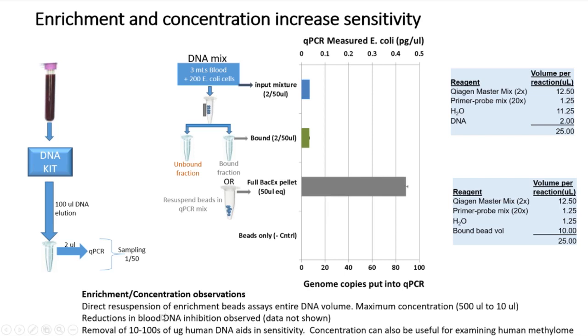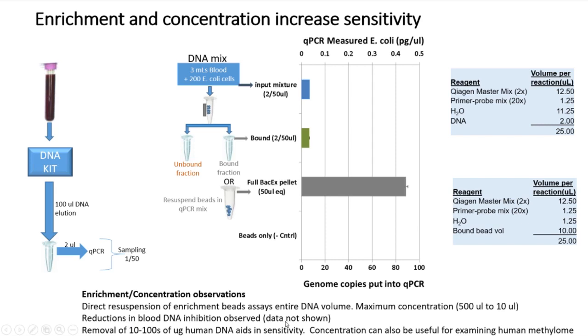So, some observations. The direct resuspension of an entire volume of DNA into an enrichment reaction allows us to do pretty extreme concentrations. In this particular case, we've put in as much as 500 microliters and resuspended it in 10. In this next example that I'll show you, I think it was a mil reaction. One nice thing is that we believe we see reductions in blood DNA inhibition.